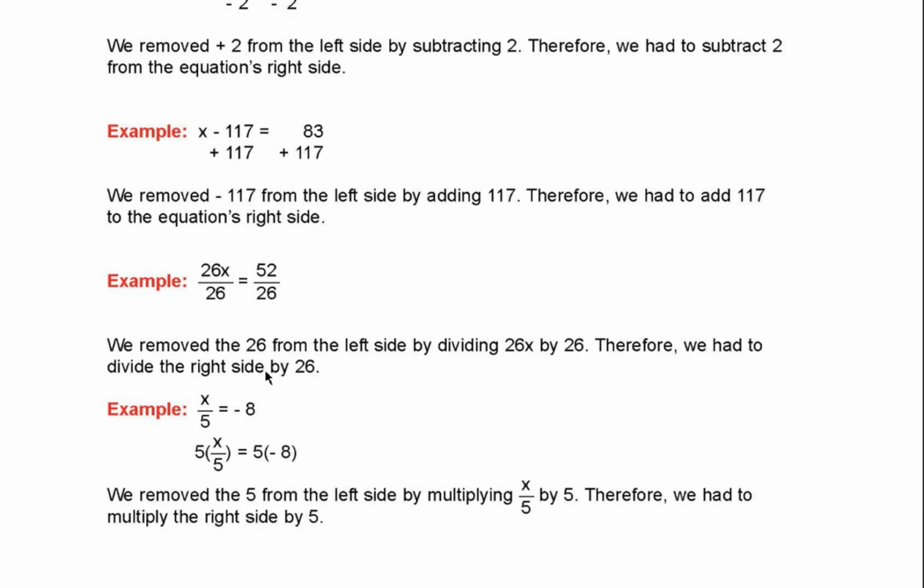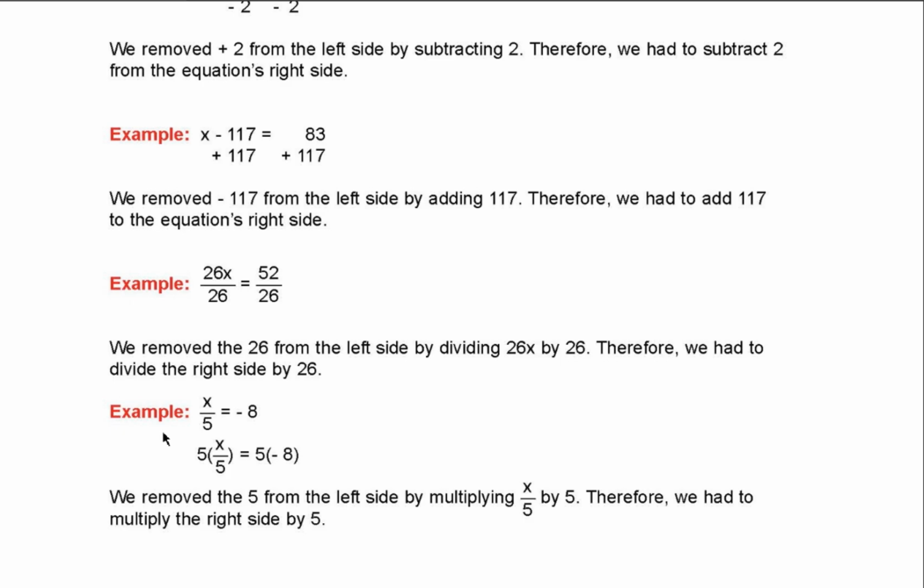In this example, we have x over 5 equals -8. On the left side of the equation, we removed 5 from the denominator by multiplying by 5.